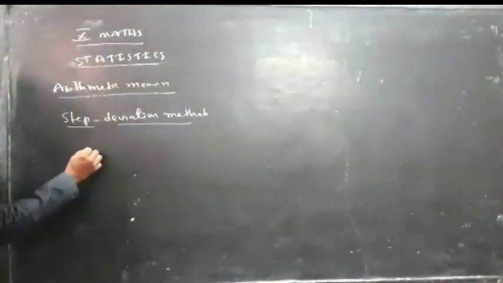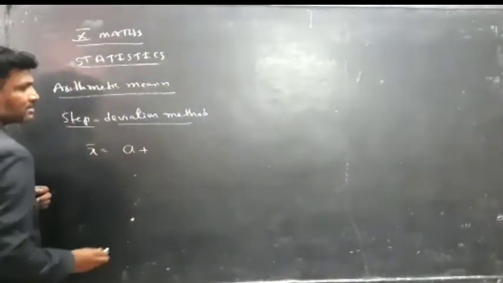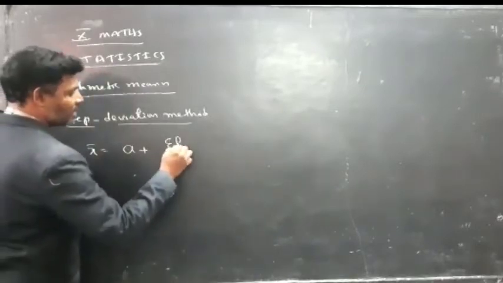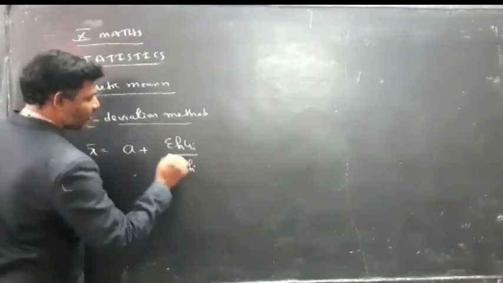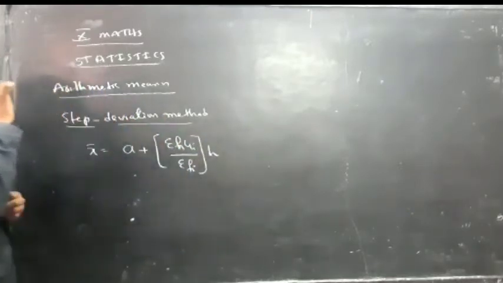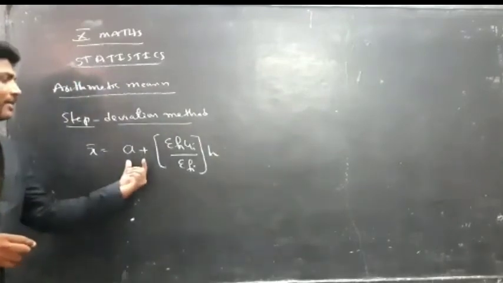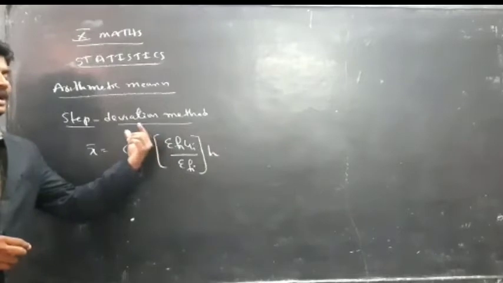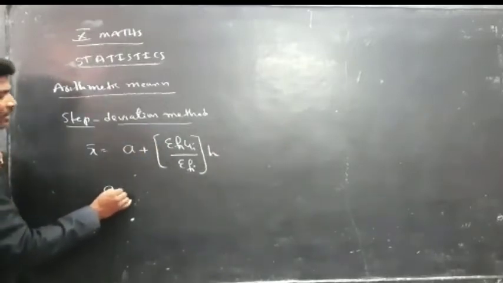So the formula: mean is equal to A plus sigma Fi Ui by sigma Fi into H. So to find the mean by using the step deviation method, the formula is A plus sigma Fi Ui by sigma Fi into H. In this, what is the meaning of A?